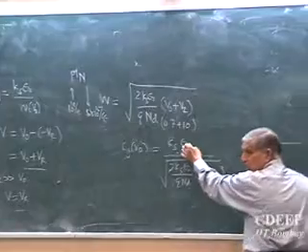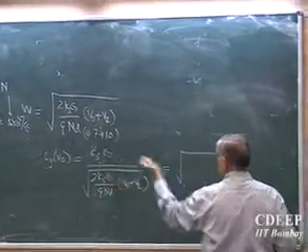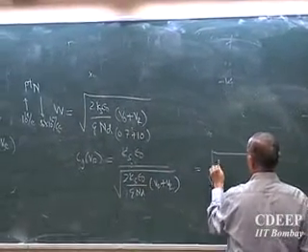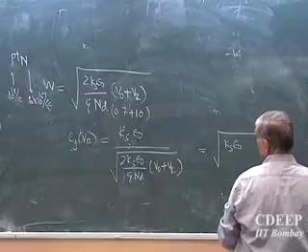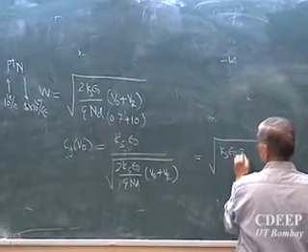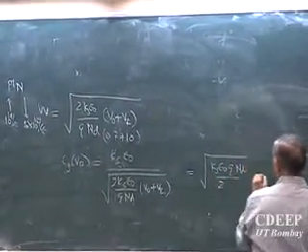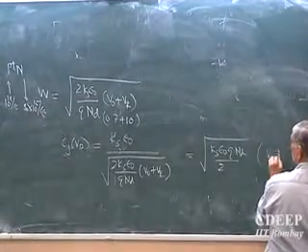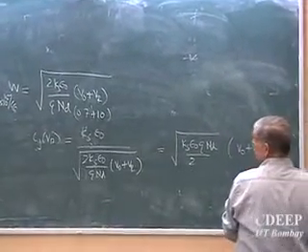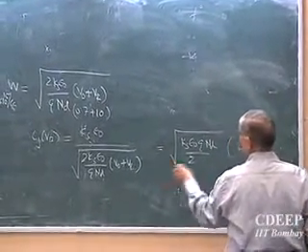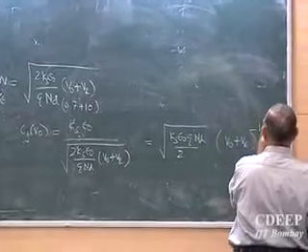This is under root: Ks epsilon naught into Q into ND divided by 2 (V0 plus VR) in the denominator.